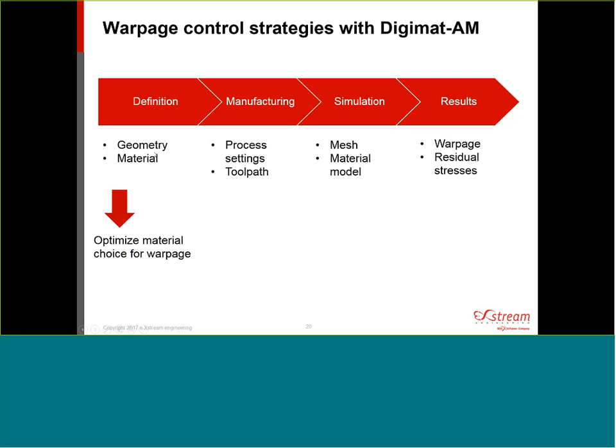So one way to minimize the output of Digimat AM is to act on the definition step. So maybe try to adapt your material choice to minimize warpage. One way to do so is, for instance, to add reinforcements in the material that will increase the stiffness of your material and also reduce the coefficient of thermal expansion.